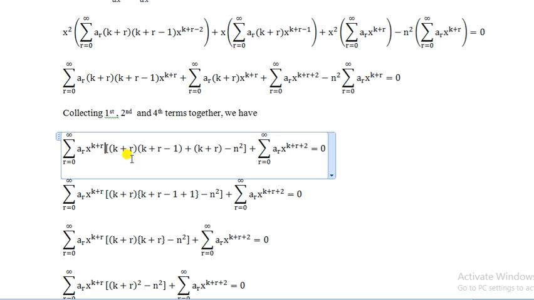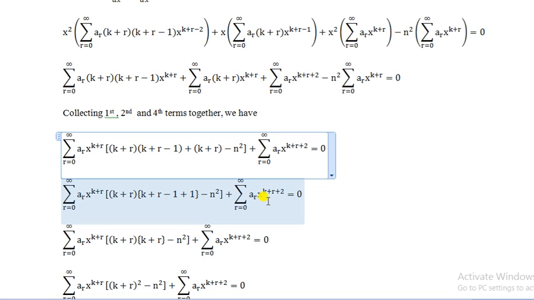So now simplify the first summation: k plus r minus 1, k plus r. Again, in the first and second terms, the common term is k plus r. Taking k plus r as common, the remaining term is k plus r minus 1 plus 1, and write minus n square as it is.